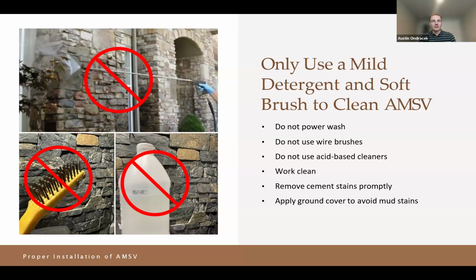You could slightly scratch it or mark it, just like a cement could be marked when power washing it. So only use things that will be gently agitating, removing it promptly, but not too aggressively when trying to clean it a little bit.